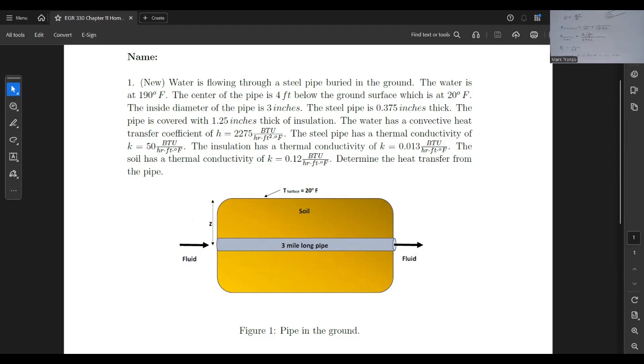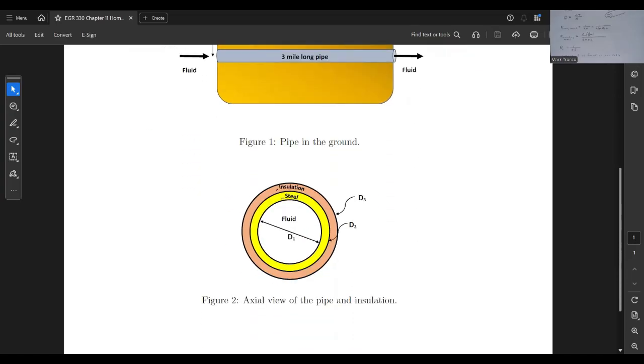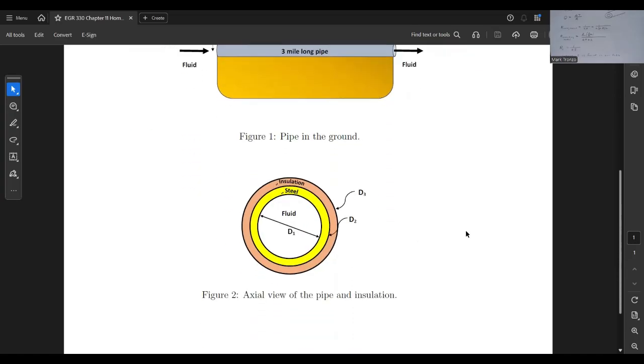And we can even take a look at the inside of the pipe. We have something like this. We have our fluid, which is water. Then we have the steel pipe. Then we have insulation. And we can call this inner diameter D1, the other one D2, the other one D3. So let's take a look at this.